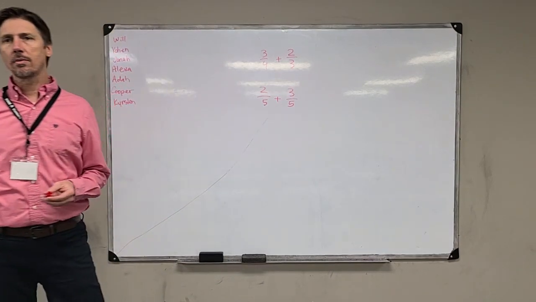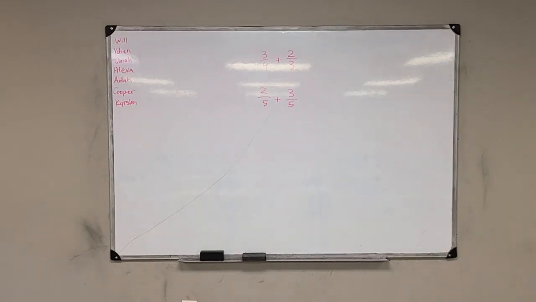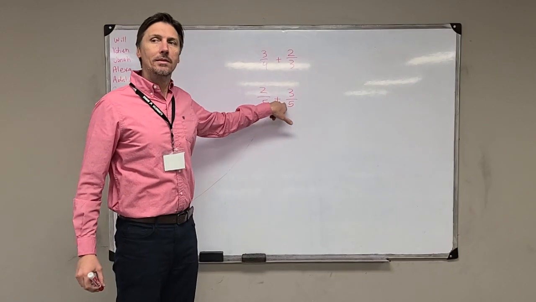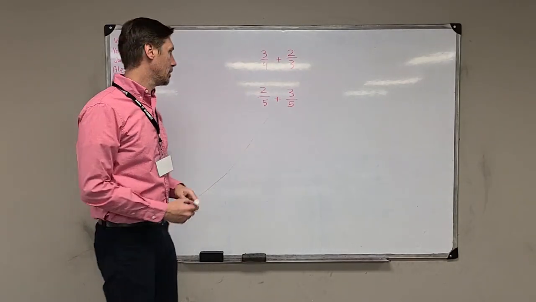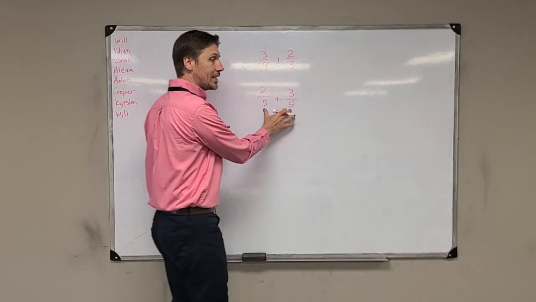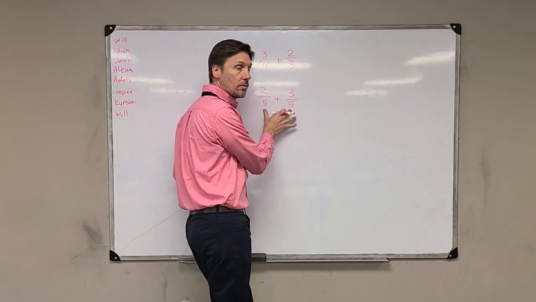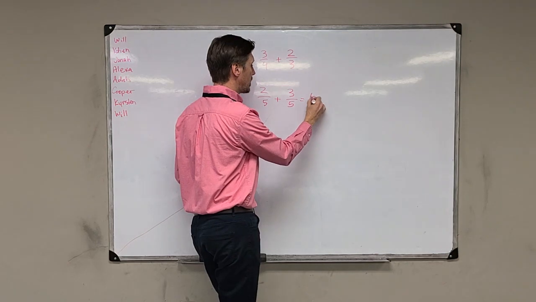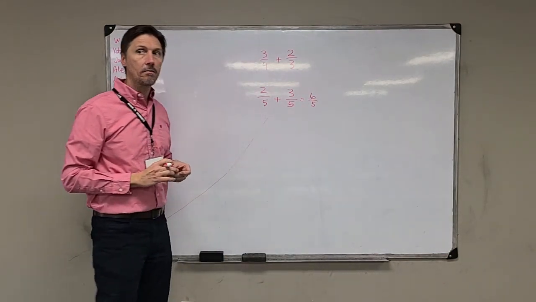Which of those two, the top or the bottom one, can I immediately add together? The bottom one, because it has the same denominator. We already know that you've got to get the denominators to be the same value before you can add fractions, so this becomes 6/5.